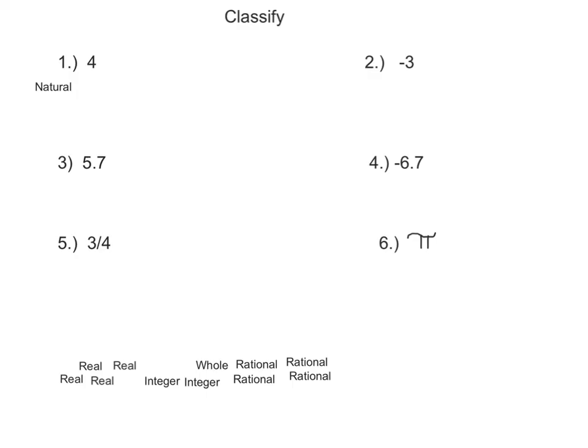If it is a natural number, it's also a whole number because whole numbers are all natural numbers plus 0. If it's a whole number, it's also an integer. If it's an integer, it's also rational because all integers are rational. And last, all numbers, regardless of their classification, are always real.